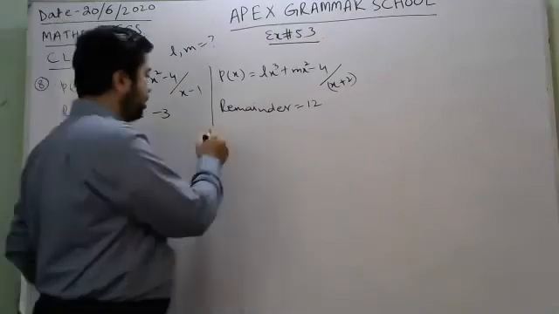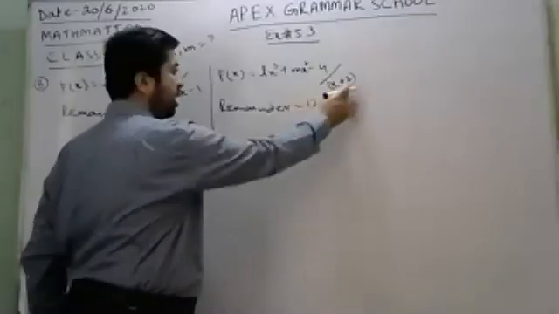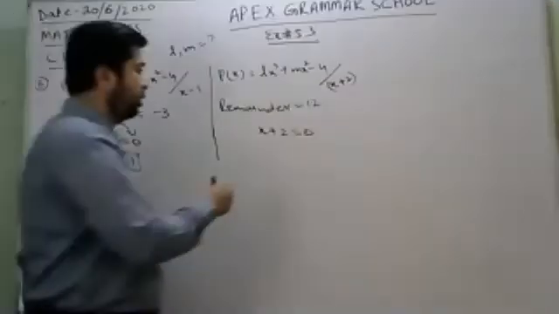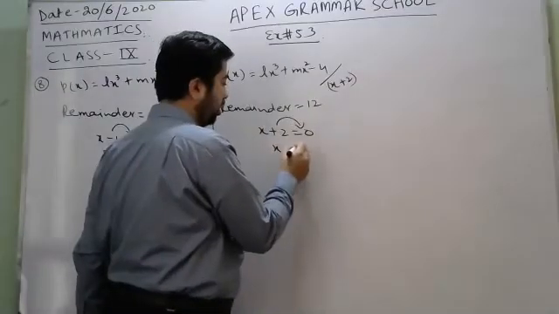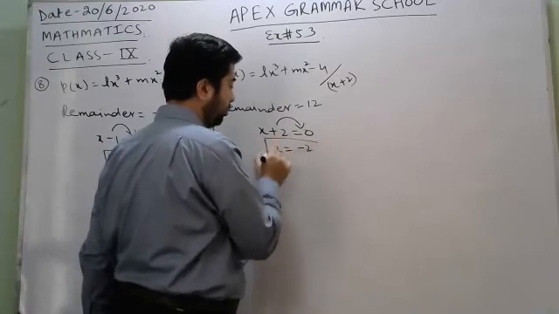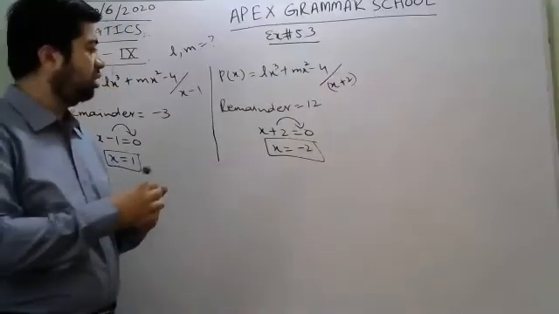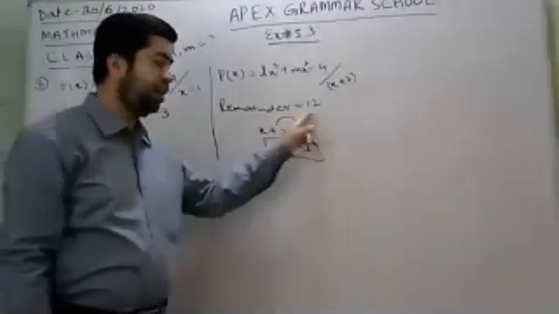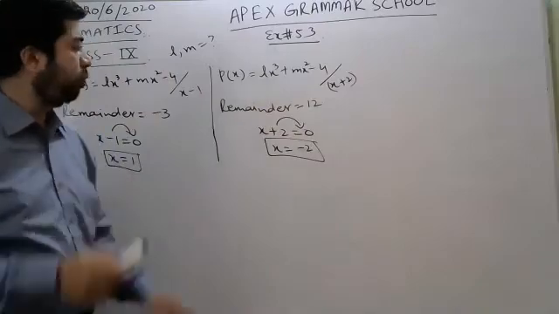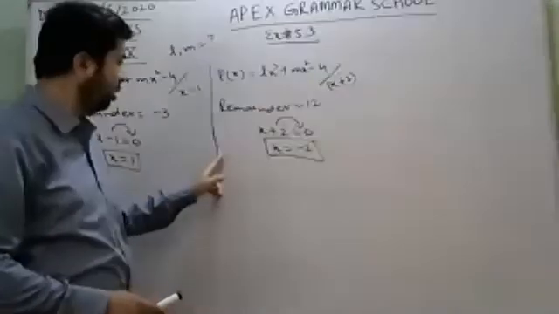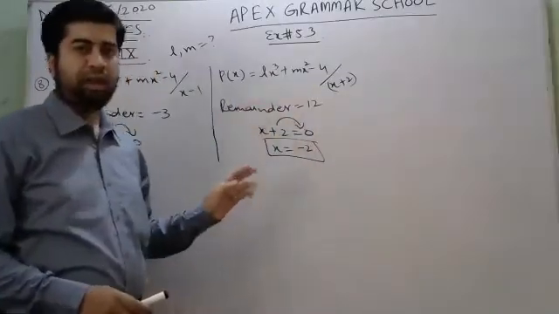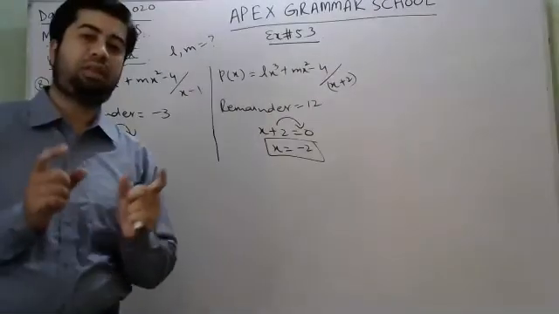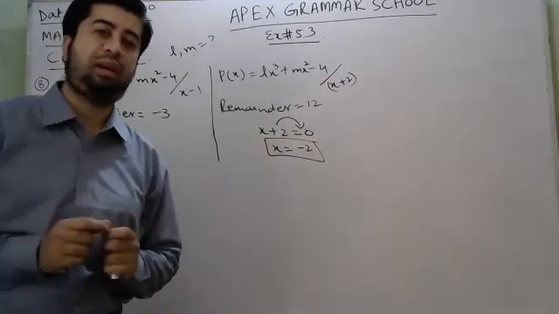On the other side, you have to apply the other divisor, just like in this situation, the zero method, and then put this value x equal to minus 2 inside, and you already know the remainder, that is 12. Instead of p of minus 2, you have to write 12 here and make equation number 2 and solve these two equations. This is the task you have to do.